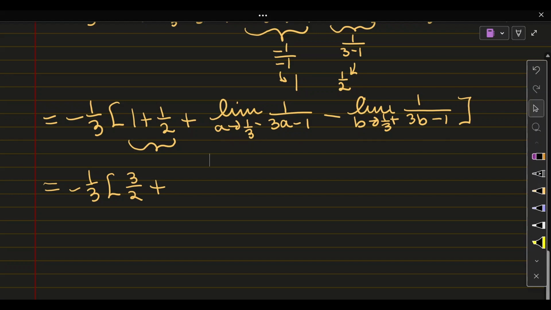Well, what I can do is give them a common denominator and add them together. So by the properties of limits, I can do this. The limit as a goes to 1/3 from the left, limit as b goes to 1/3 from the right.